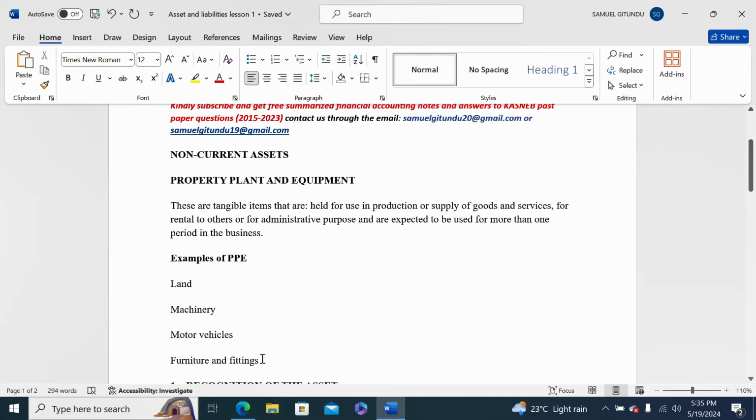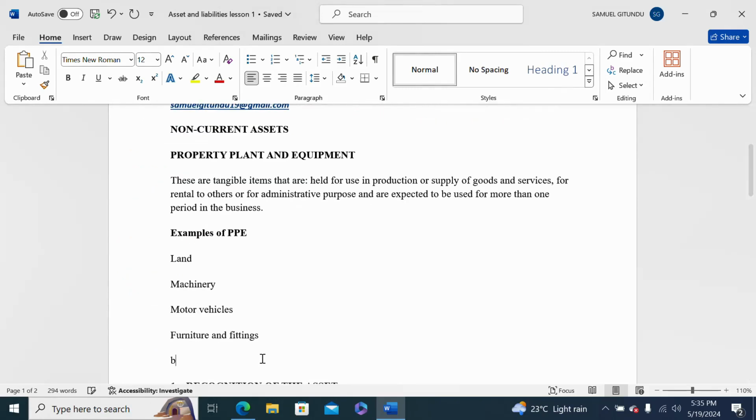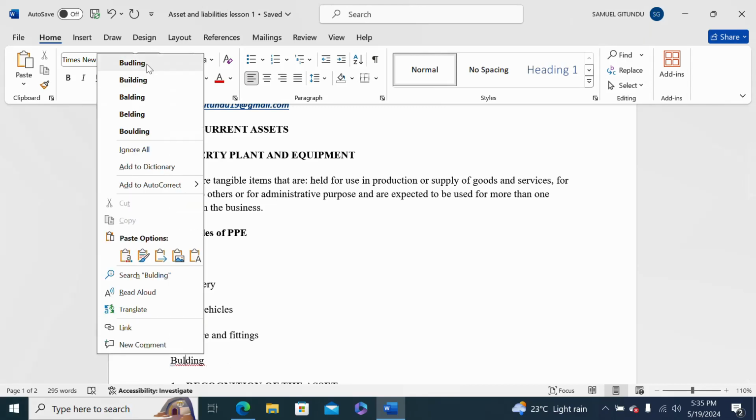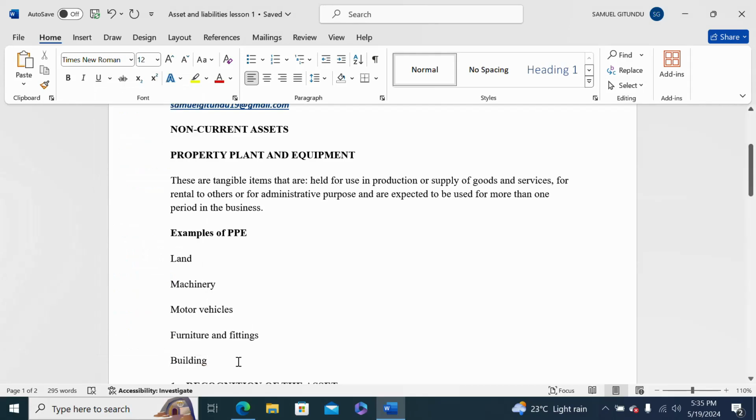And then you can also have buildings. For example, the office building where you are conducting the business, the factory building where you are doing the production work. So these are some of the examples of property, plant, and equipment.